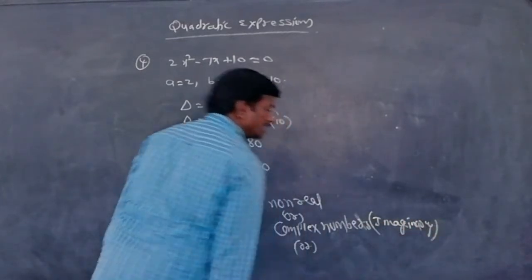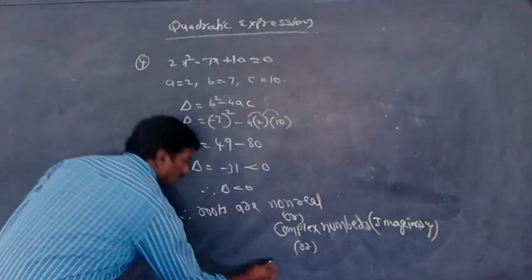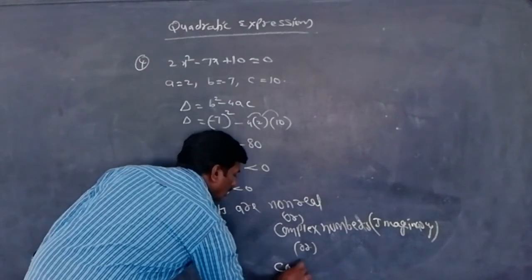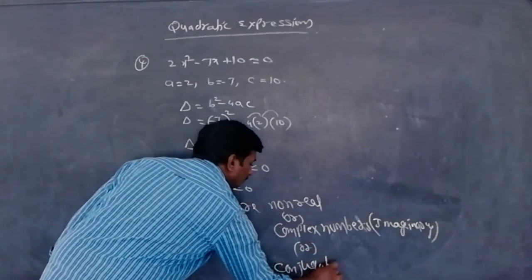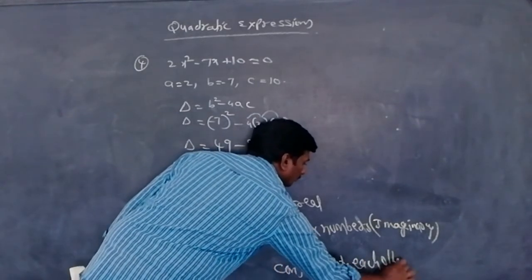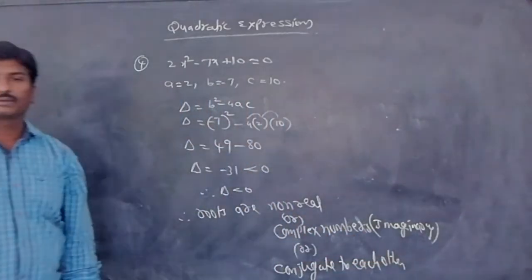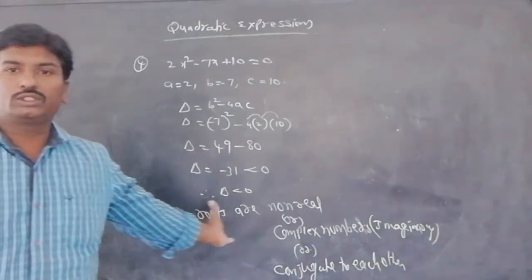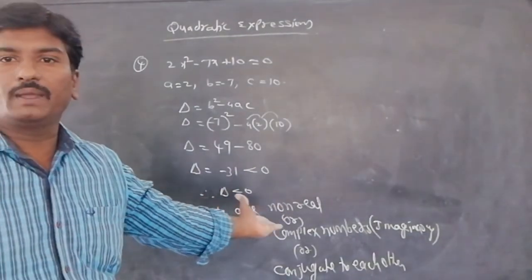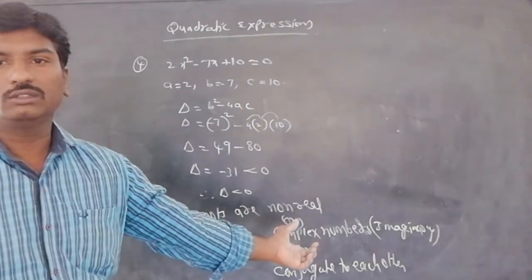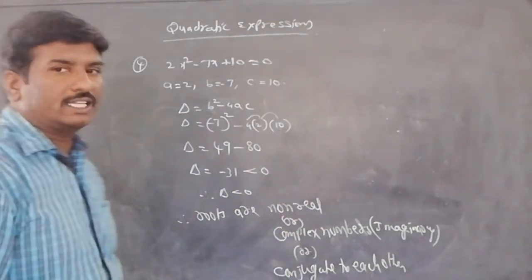Complex or imaginary roots are conjugate to each other. The roots are conjugate. So you can say any one of these three. The roots are non-real roots, or they may be complex numbers or imaginary roots, or they are conjugate to each other. Right? Is it clear?